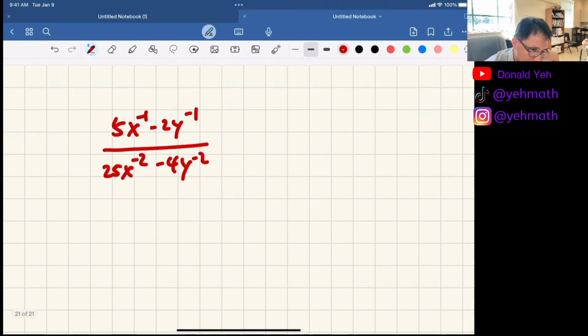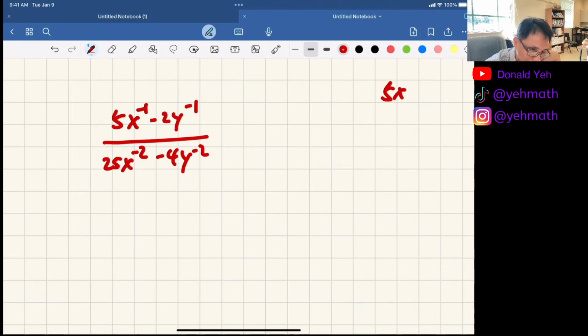First of all, you need to understand what 5x to the -1 is. Do you know what 5x to the -1 is? 5 over x, good. So you should get 5 over x, not 1 over 5x, because the -1 only applies to x, not to 5. That's a first initial understanding for you guys.